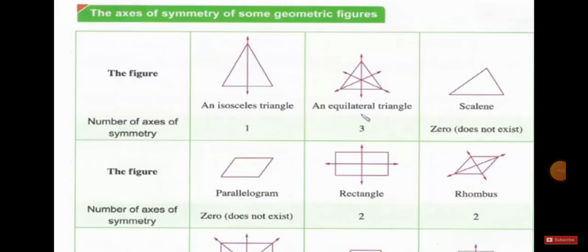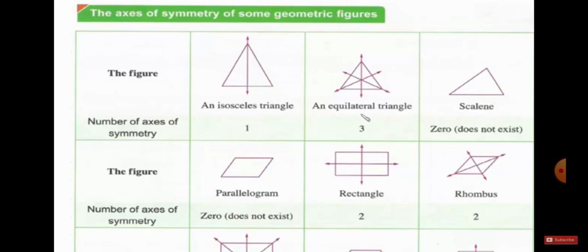Axis of symmetry. We studied it before in Primary 4 and Primary 5. What does axis of symmetry mean? An axis of symmetry is a straight line, perpendicular to a line segment at its midpoint, that divides the polygon or shape into two equal shapes.